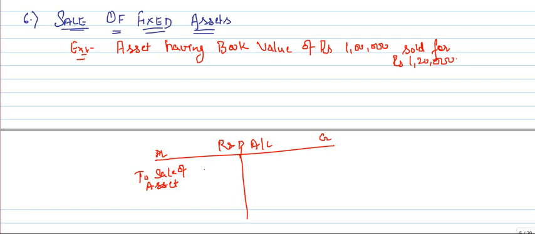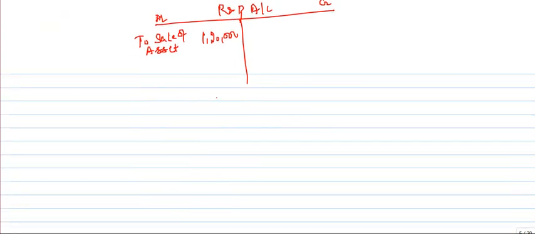The receipt and payment account says whatever the actual money coming to your pocket, you have to record that. Sir, 1,20,000. The money coming to your pocket is 1,20,000. So we will record 1,20,000.